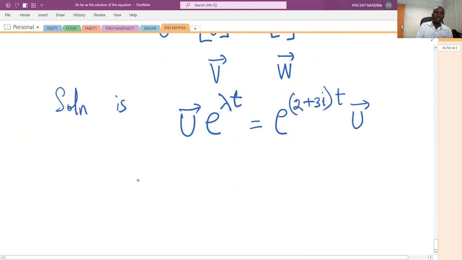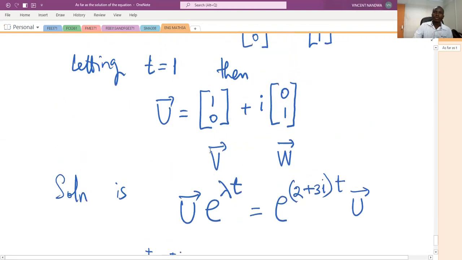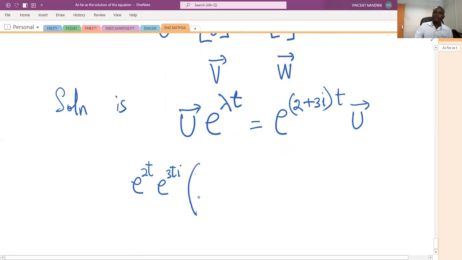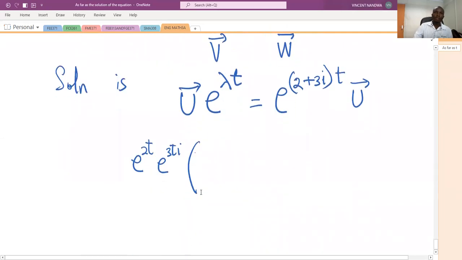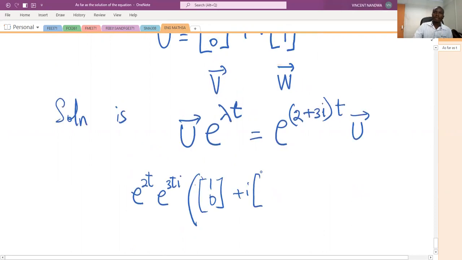So which is the same thing as writing e raised power 2t e raised power 3ti, but you write it as 1, 0 plus i times 0, 1.